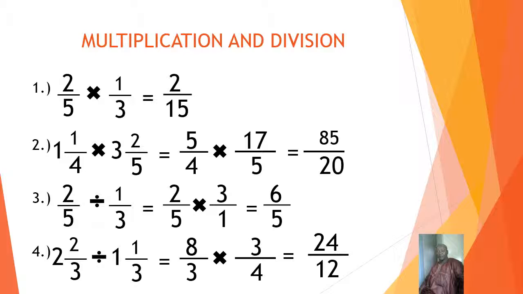But you would observe that the division must change to multiplication, and the reciprocal of the fraction to the right hand side is what we'll have, which will result to 3 over 4 on changing to multiplication. Now at this point, we can just say 8 times 3, which is 24, and 3 times 4, which is 12.